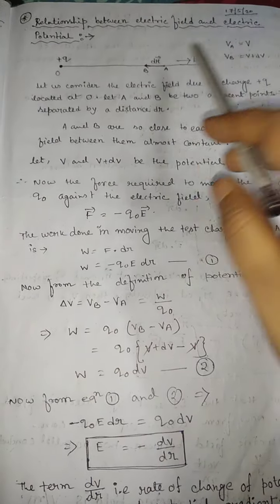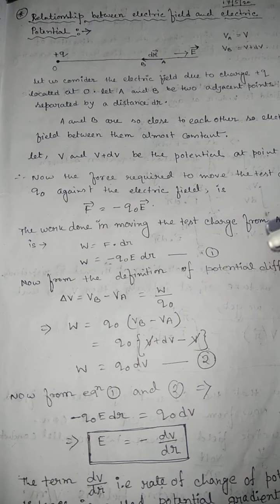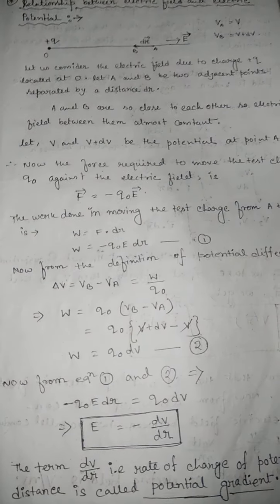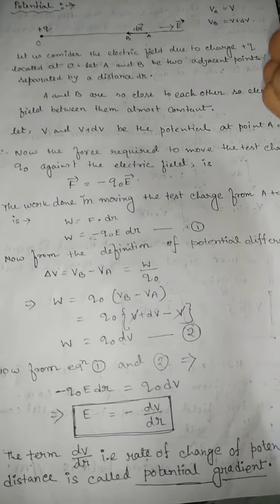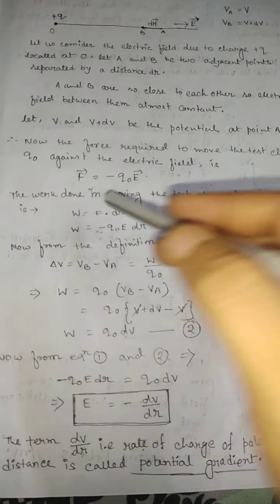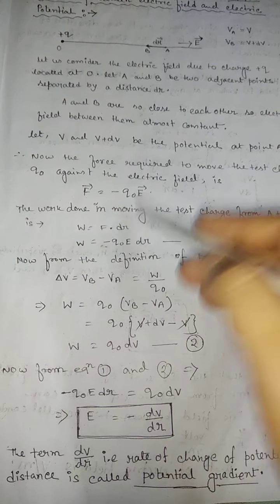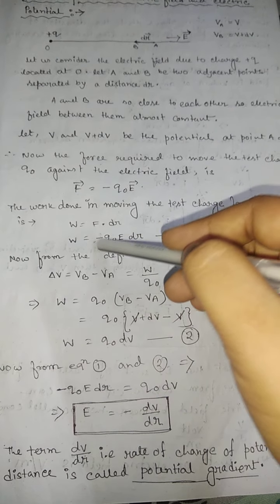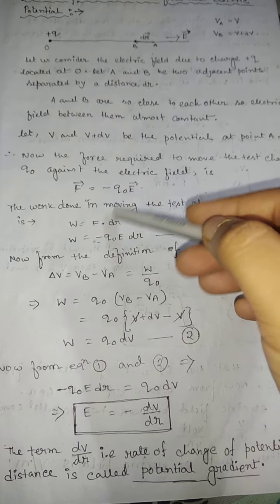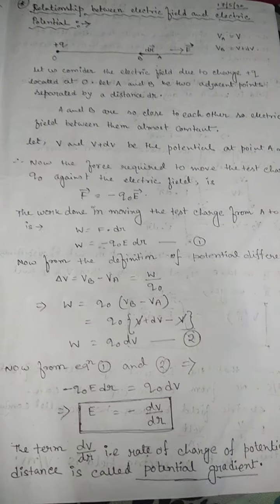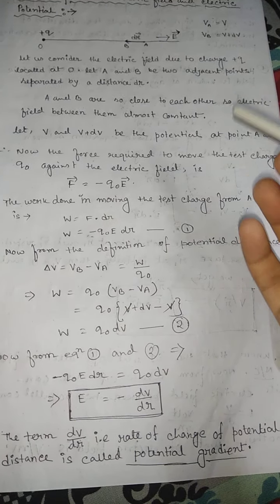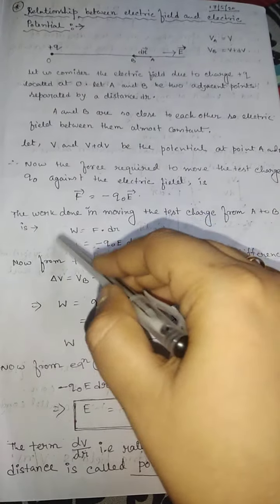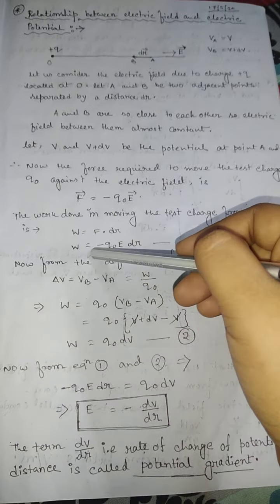The minus sign is because this is opposite to the electric field. So when it moves against the electric field, work has to be done, and we know that work done equals F dot dr. Now we put the value of F equals minus Q naught into E, so W equals minus Q naught into E into dr. This is one equation of work done from force.